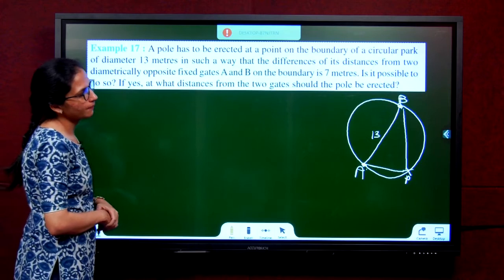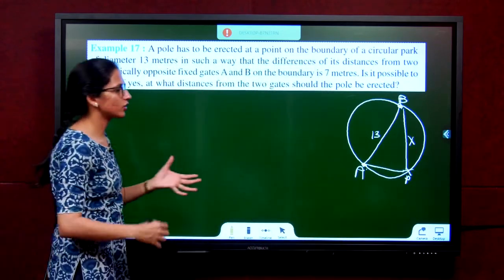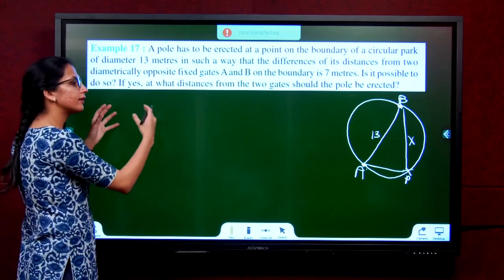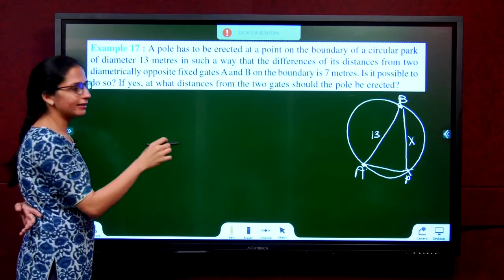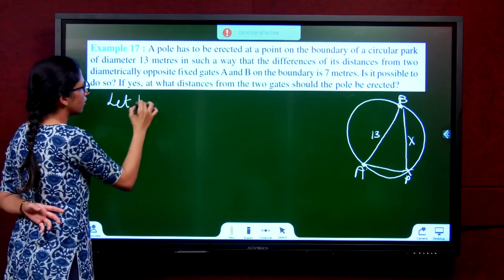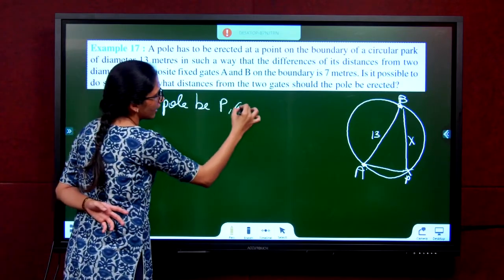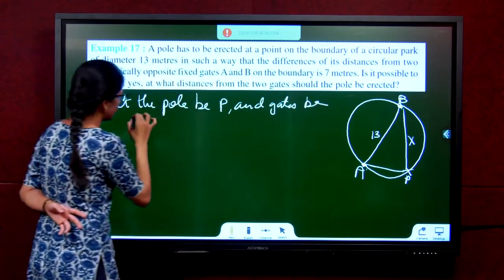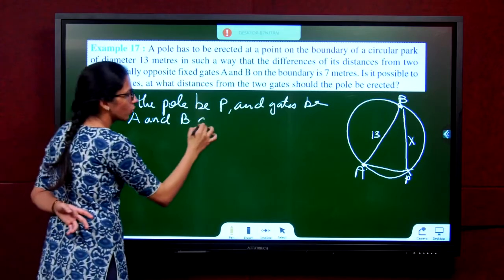So how do we begin? In such a question, it's difficult to explain without a figure. So you clearly write down that let the pole be P and gates be A and B as shown in the figure.